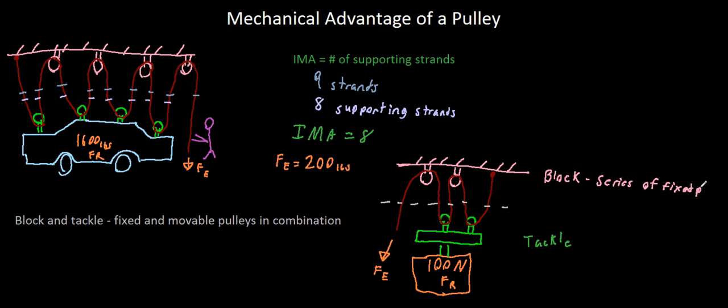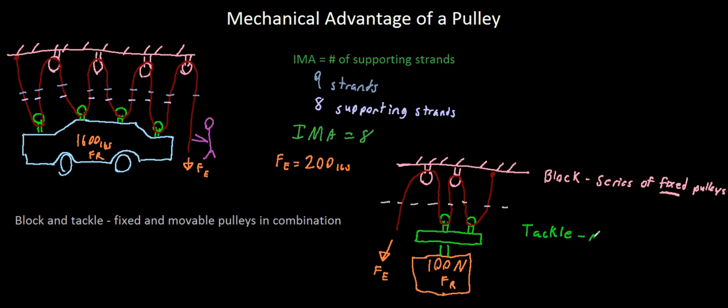When we say fixed pulleys, we mean literally fixed, meaning they're not moving, they're held in place, in this case because it's on the roof. That's why we call it a block. It's not moving, it's just a block, it's fixed.